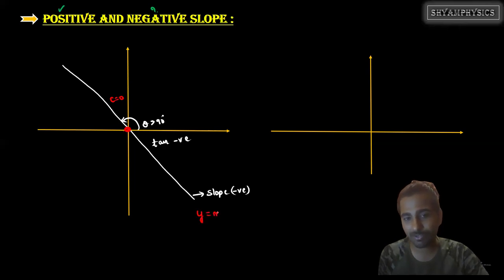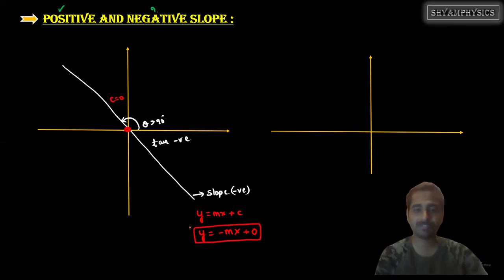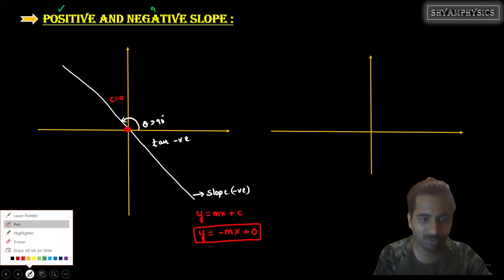Sir, y is equal to mx plus c. This is the standard format. Slope is negative, so y is equal to minus mx plus intercept 0. This is the straight line equation for this graph. Hope it is understood. Okay, will you practice two more?